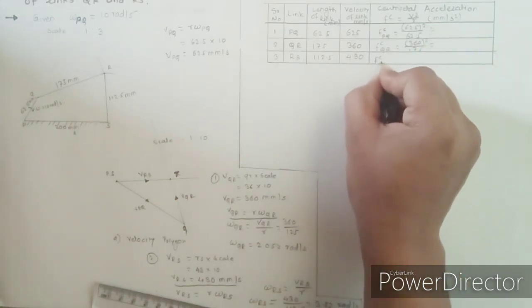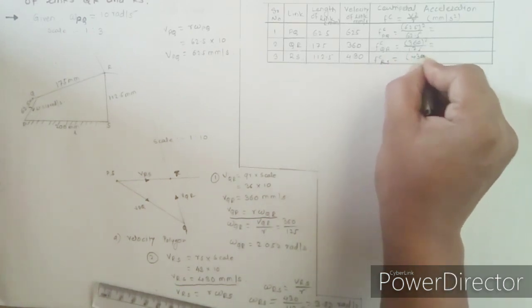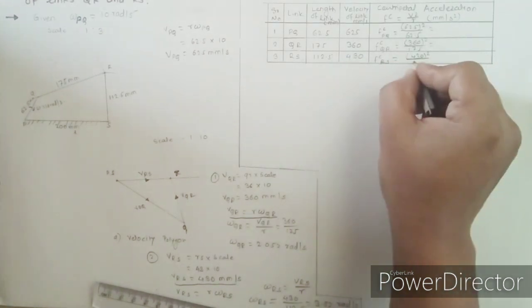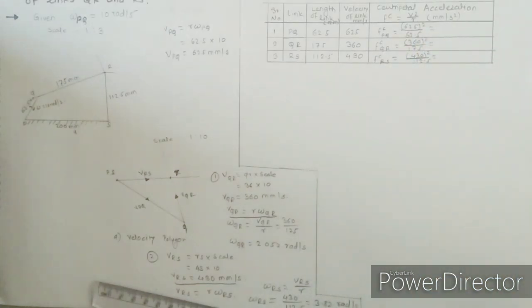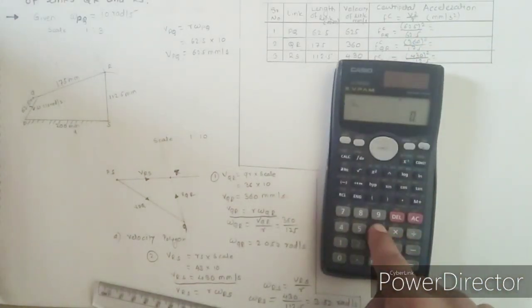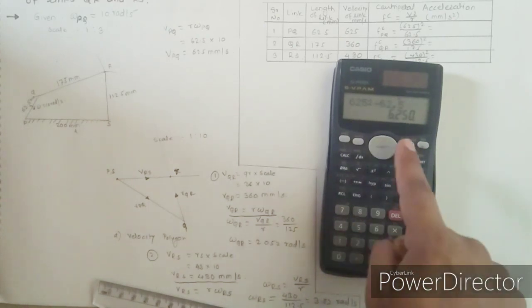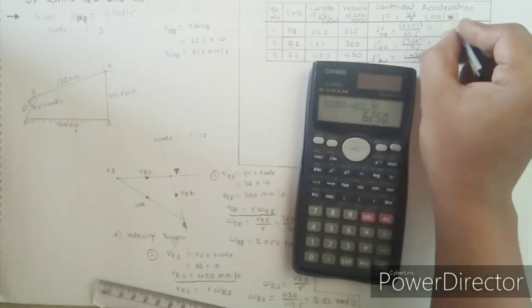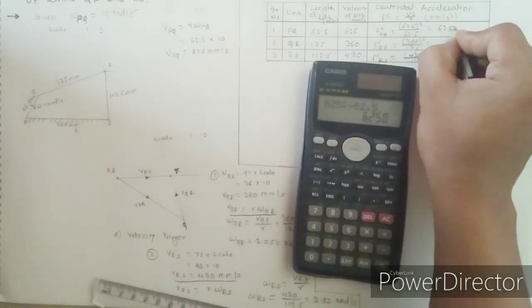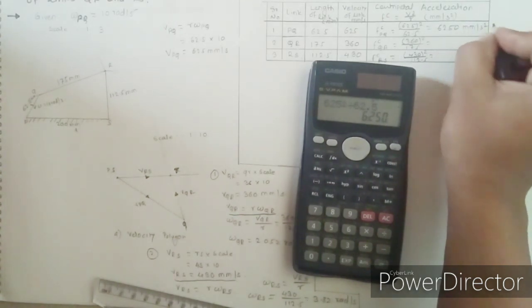And last one is fc of RS equal to 430 square divided by 112.5. Now you have to calculate it: 625 square divided by 62.5 equal to 6250 mm per second square.